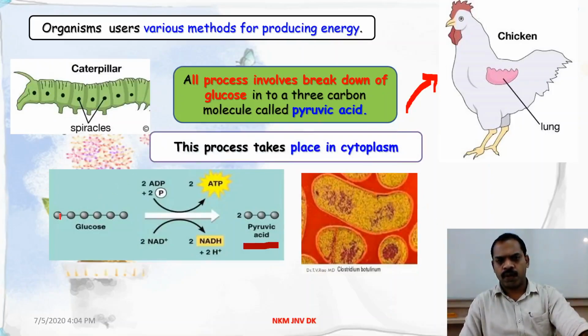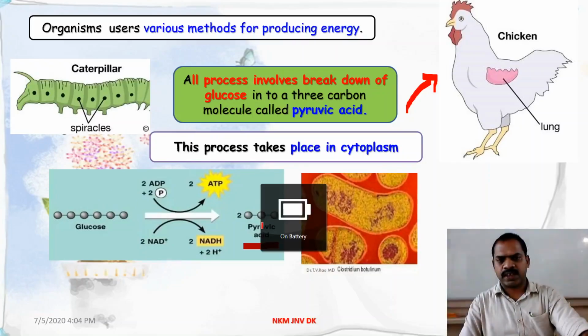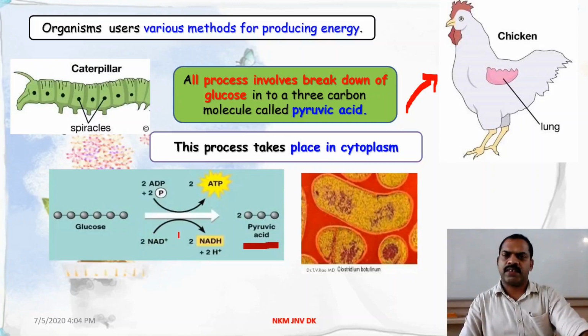The conversion of glucose to pyruvic acid is called glycolysis. Glycolysis takes place in the cytoplasm. Whether it is a bacteria or fungi or human being, plant, or animals, this is common in all organisms, right? Glucose to pyruvic acid.